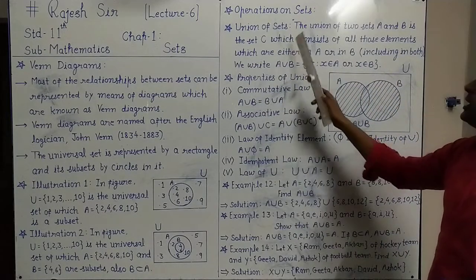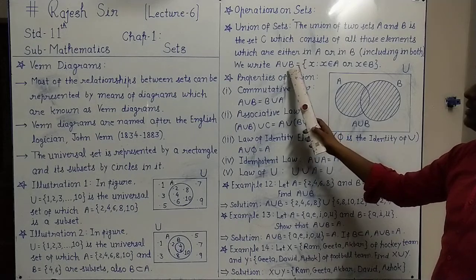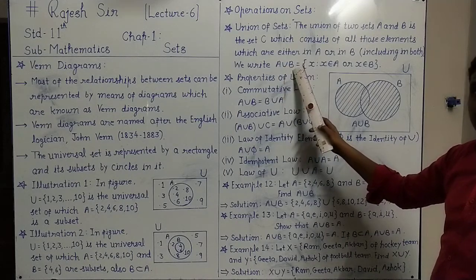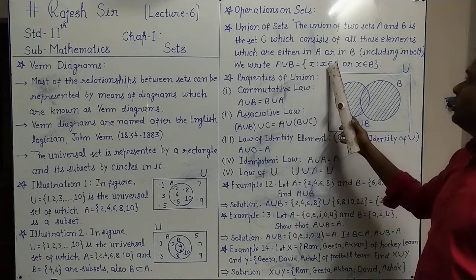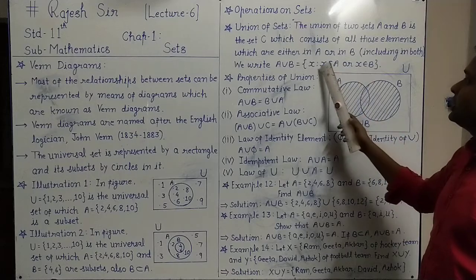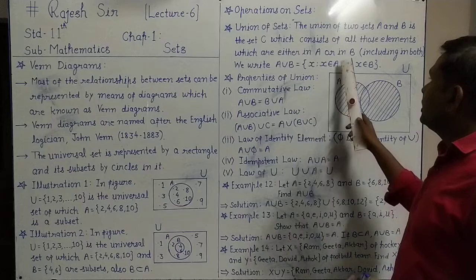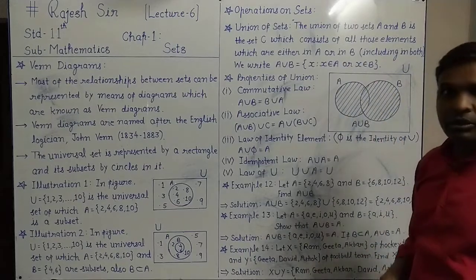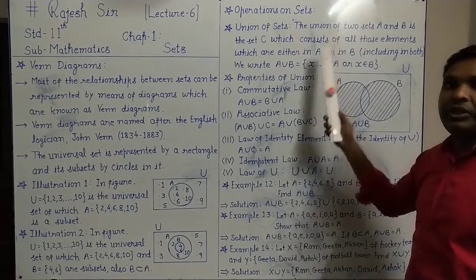We write the union of A and B as A ∪ B. We read it as A union B equals {x : x belongs to A or x belongs to B}. This is the definition and notation of A union B.